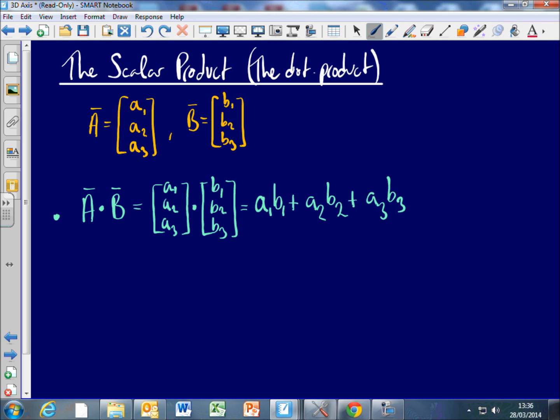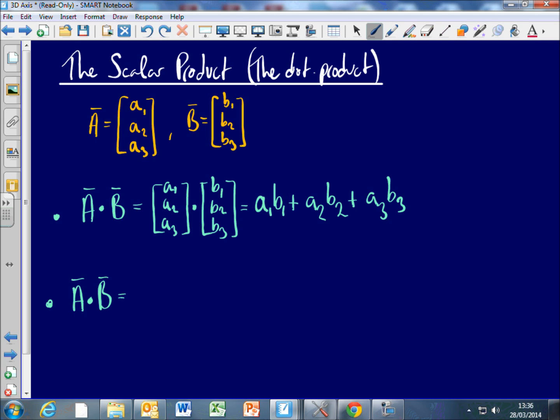If you do that, you will get an answer, and it will be a number, and that's it. It's a scalar. But there's another way of doing it, and the other way will give you exactly the same answer. Okay, and we give you 2 ways of doing it so you can work certain things out. The second way of doing it is this. Again, we're going to do A dotted with B. Make your dots quite big, I would suggest. Okay.